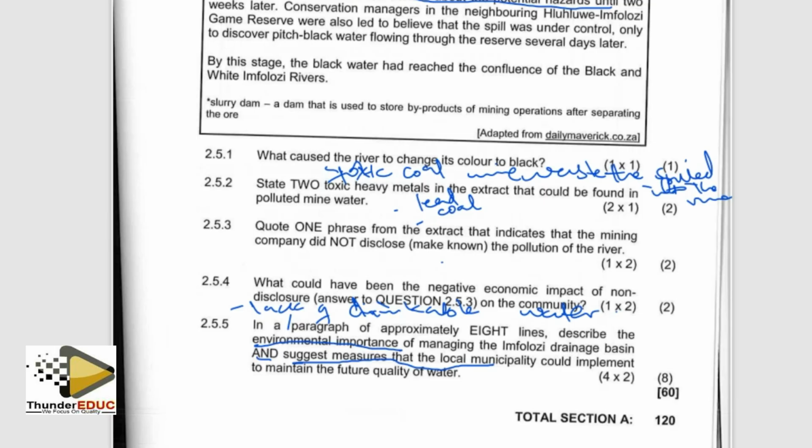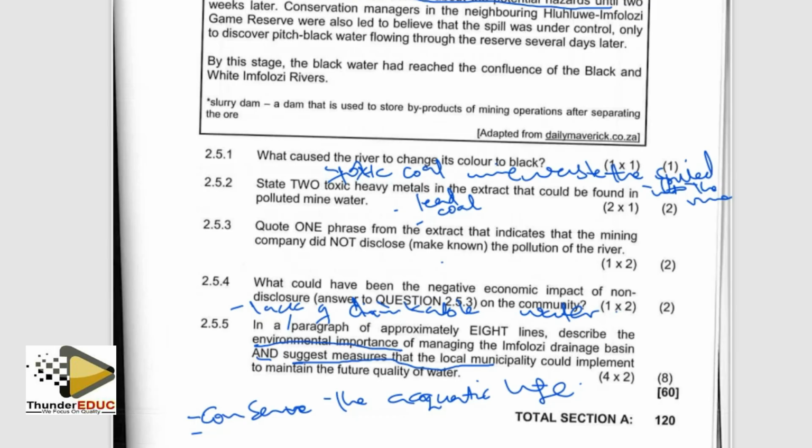It is going to be important environmentally because it helps to conserve the aquatic life. If it is well managed, it will help to conserve the aquatic life that will be found there.